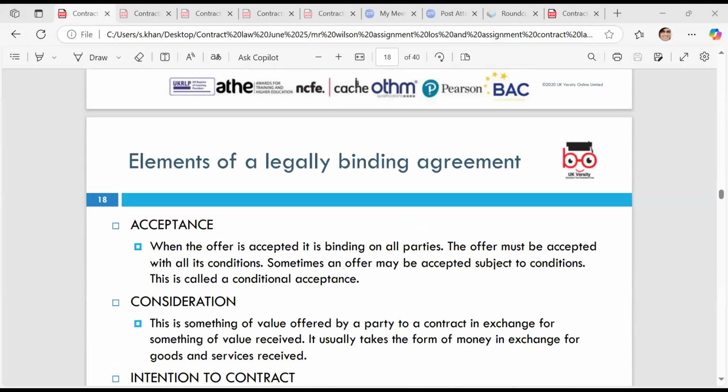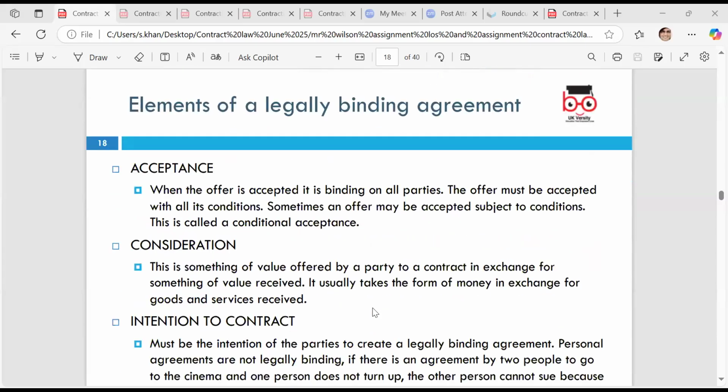So you've got to have acceptance. What does acceptance mean? Acceptance means that you are okay with what's being offered and you accept the conditions. You're accepting all the conditions and everything, aren't you? Consideration is the valued exchange between the parties, which can be money, services, or goods.